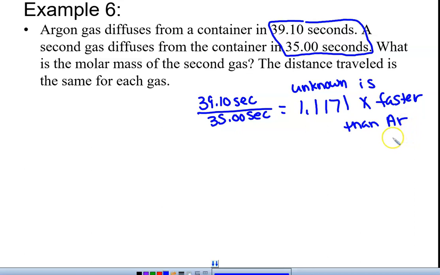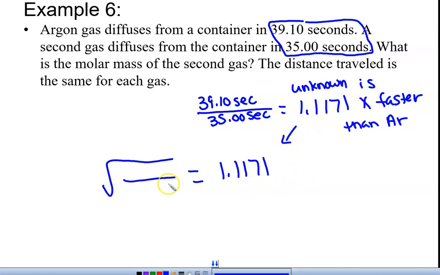Okay, so the reason I want to do this one is to show you where it's very similar to the other one, putting that number there, right? This time the unknown is the faster, so my x is here. Students tend to have trouble when their x is there, and so then we would get 39.95 grams per mole.